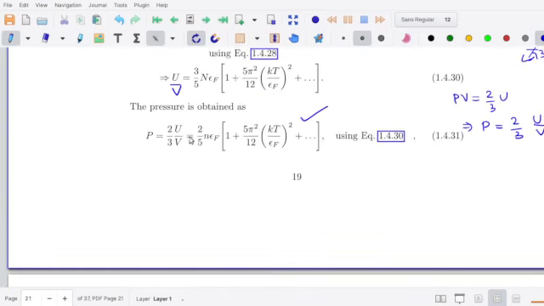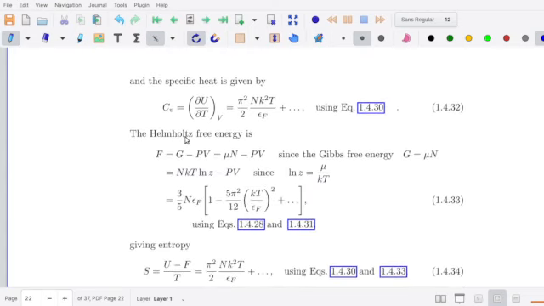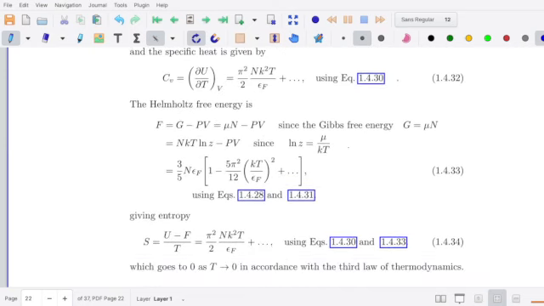Now once we got U, we can compute this quantity Helmholtz free energy, and Helmholtz free energy is obtained in terms of the Gibbs potential as F is equal to G minus PV, but given the chemical potential, G is equal to mu times N. So it's mu N minus PV, but mu is kT log Z. So we have N kT log Z minus PV.